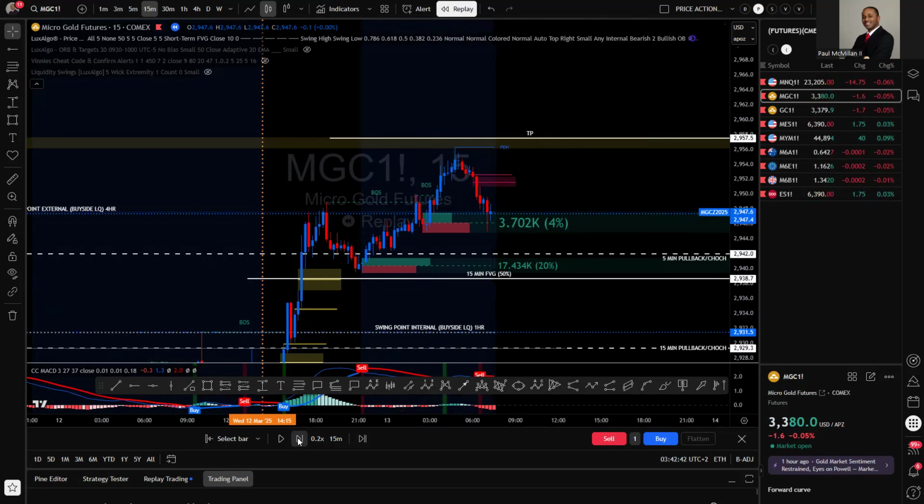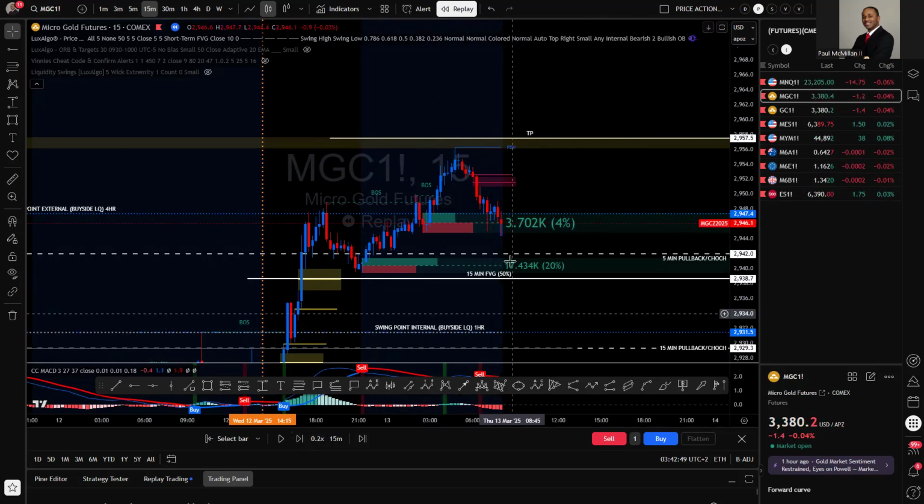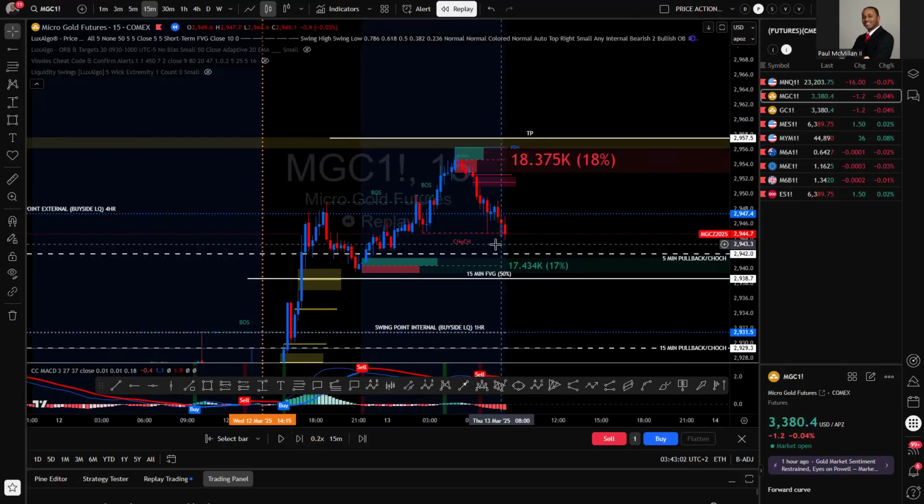Now, again, you can wait for a sign of strength. Now we have our official break. Since we have our official break here, we want to wait for our confirmation point. Now, we see our chart level here. At this point, we want to wait to see if the price is going to respect this level.